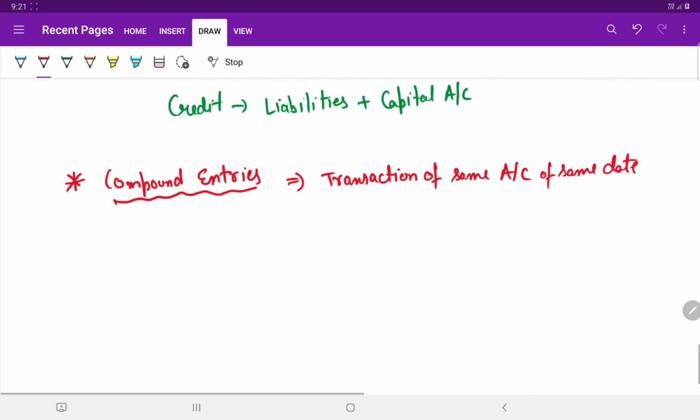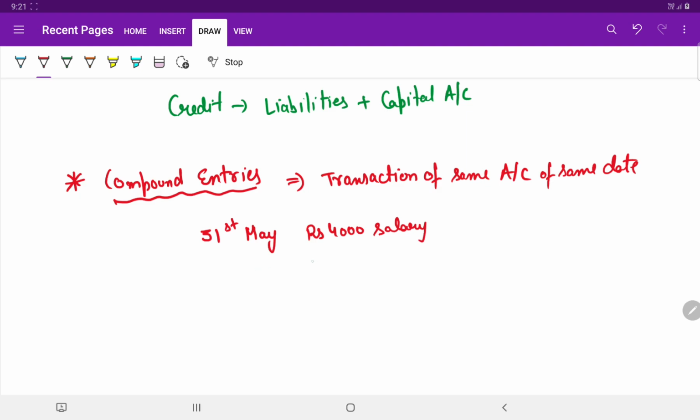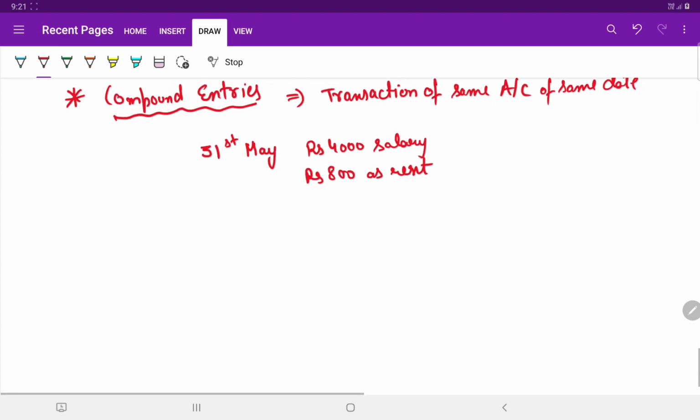For example, on 31st of May, rupees 4,000 were paid as salary, and on the same date rupees 800 were also paid as rent. Then the entries made in the journal will be as under.